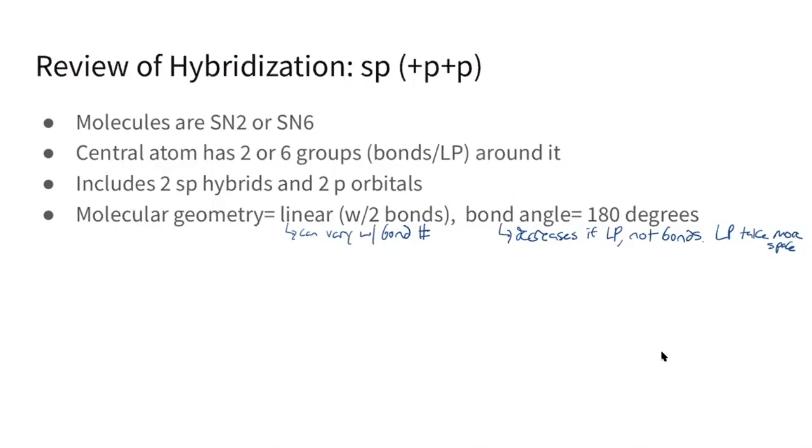So I'm going to go ahead and draw out the ingredients for our sp hybridized central atom. We've got our 2 sp hybrids right here, and we've got 2 p orbitals.